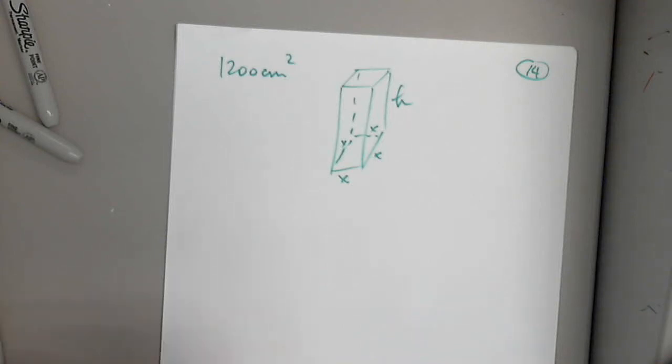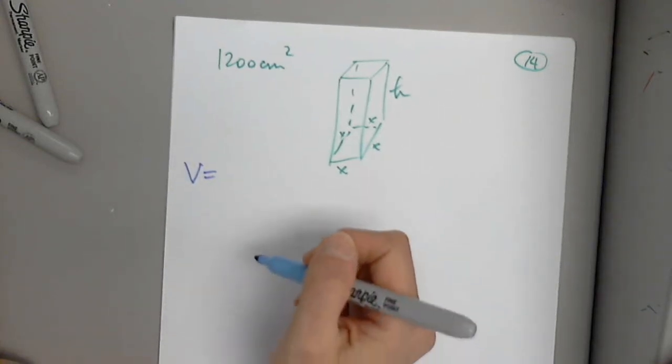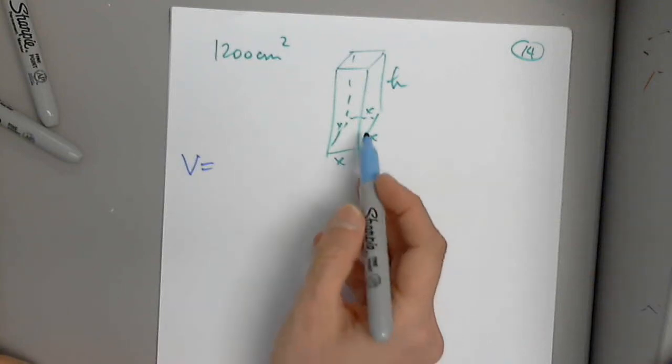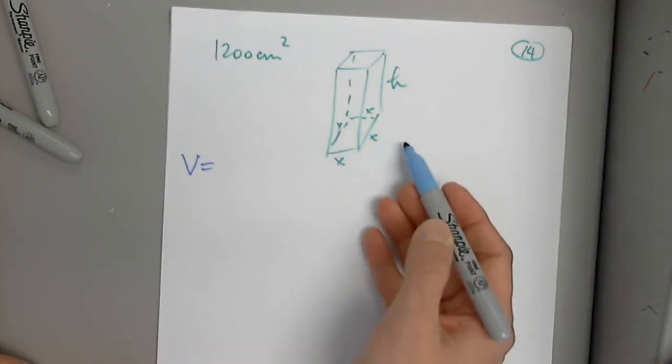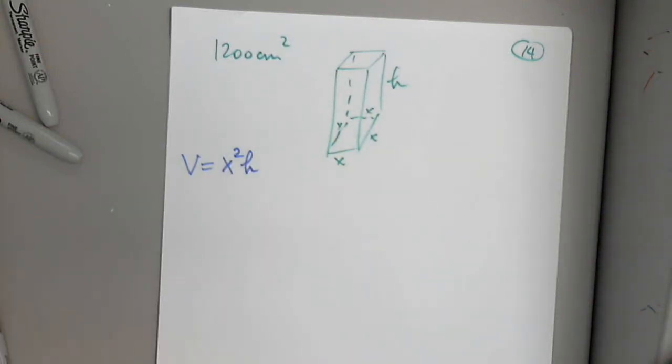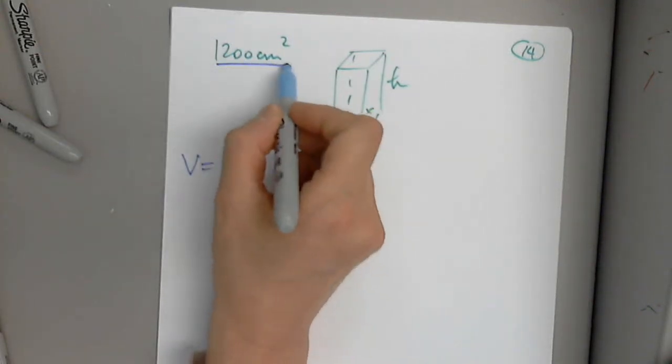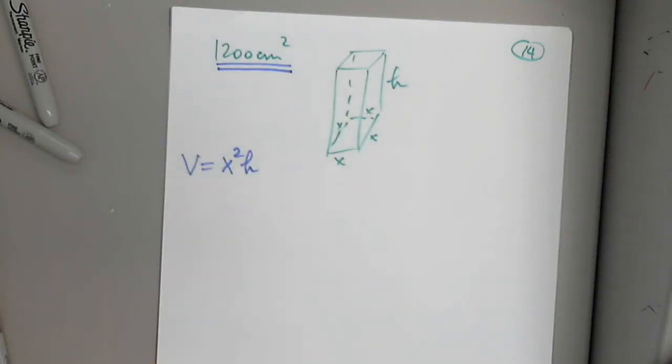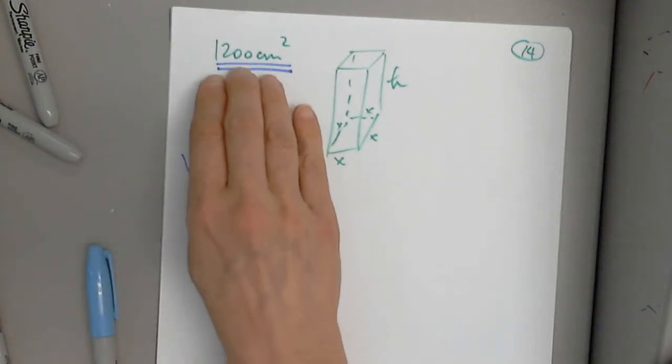Okay, so let's write the volume. What is the volume of this box? Area of the base times the height, very good. So it's x squared h. Now this is the surface area, the material we used to build the box. What is given now?